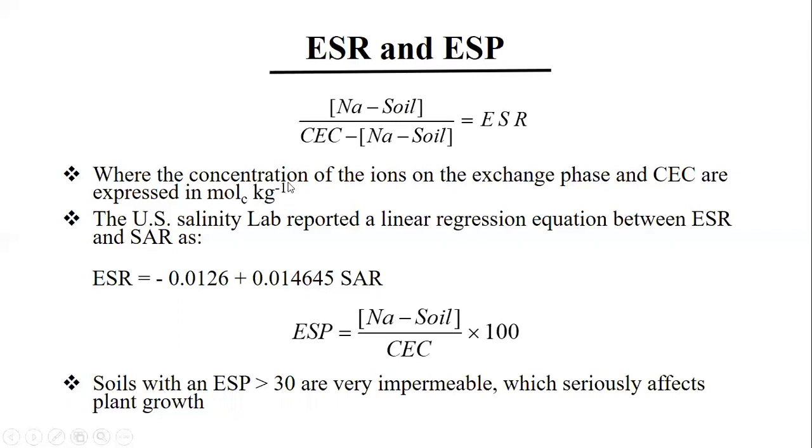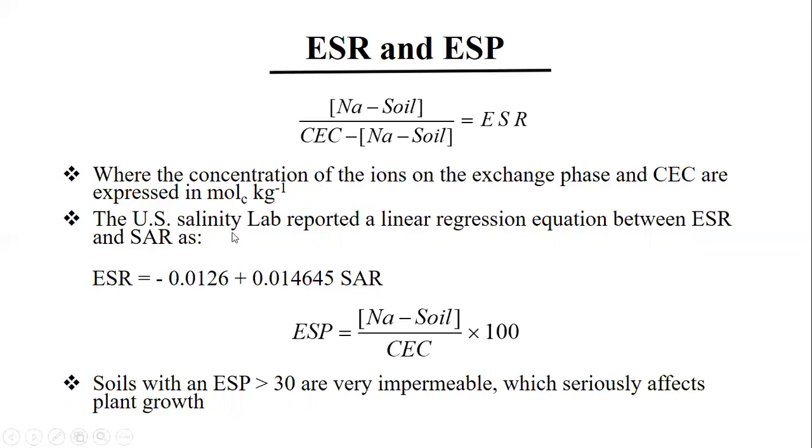Remember, whenever we talked about exchangeable in the cation exchange part, we always said moles of charge per kilogram. Just like the CEC, we said centimole of charge per kilogram. Here we use moles of charge per kilogram.